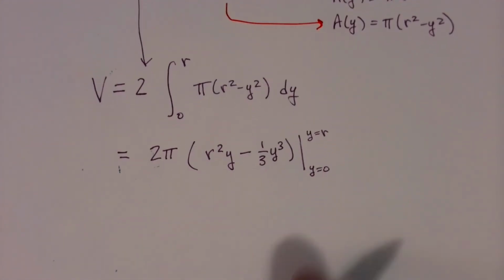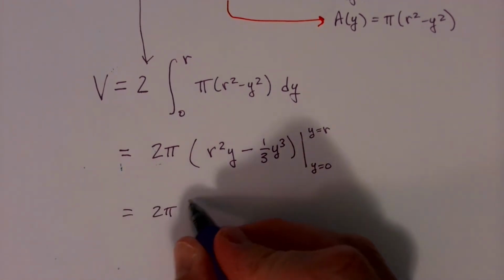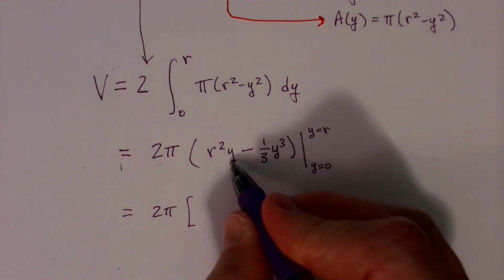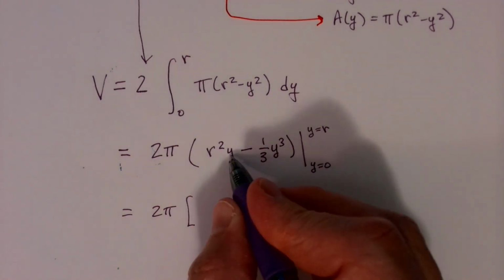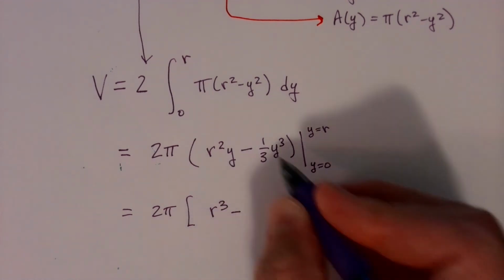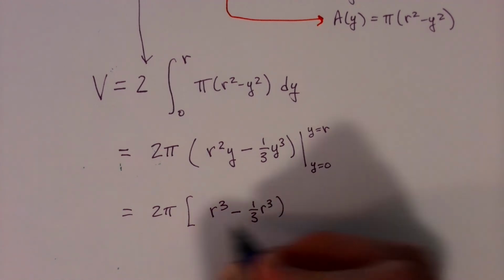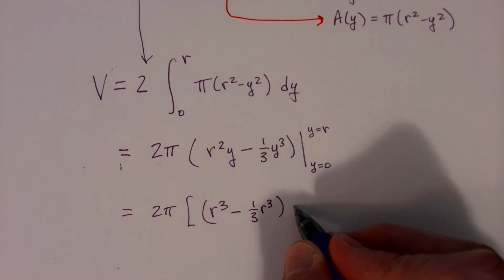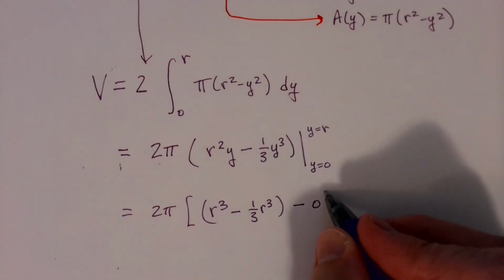We're going to subtract. So I pull this 2 pi out. I replace y, first of all, with r. And so what do I get? r squared times y is r squared times r, which is r cubed, minus 1/3 y is r cubed. There's where I'm plugging in at y equals r. Minus y equals 0, but if I plug in 0, this is 0 and this is 0, so I get 0.